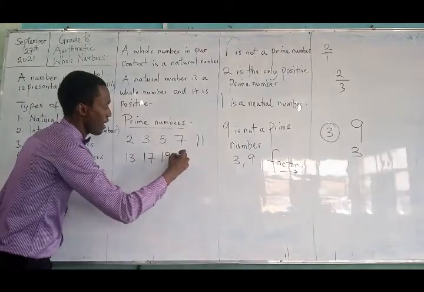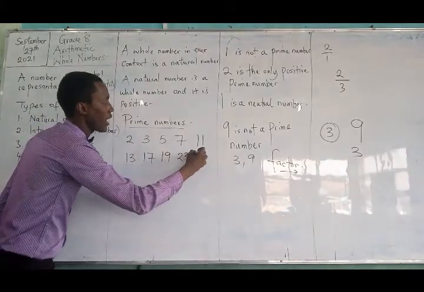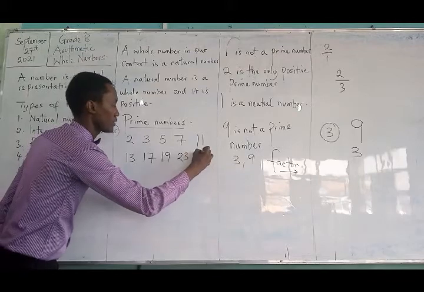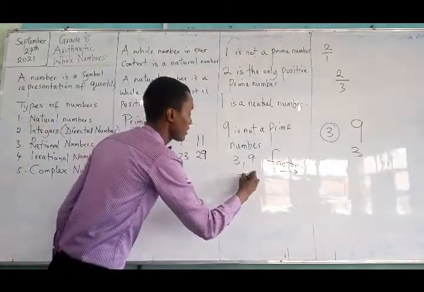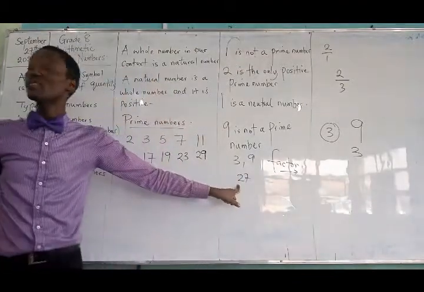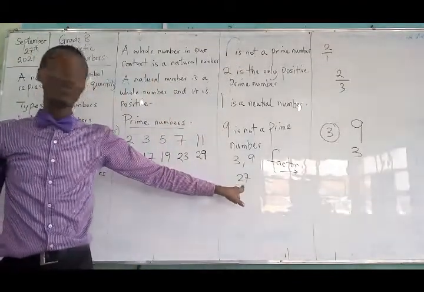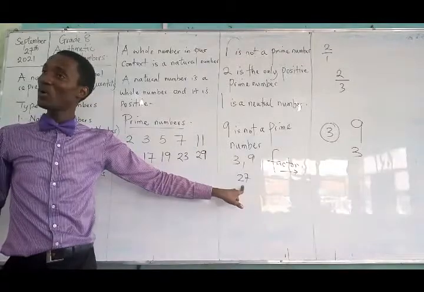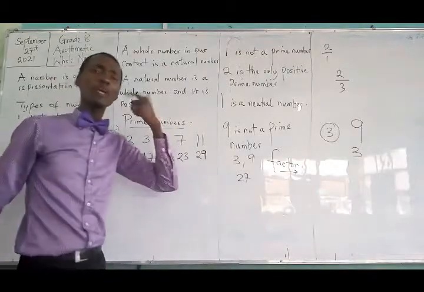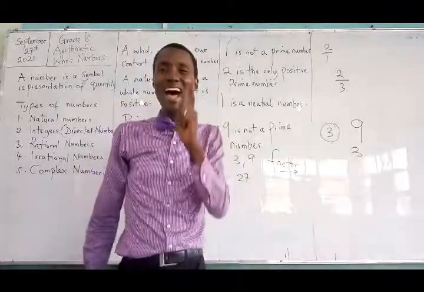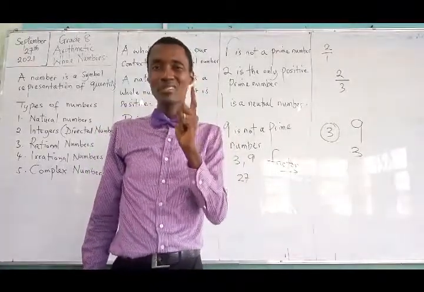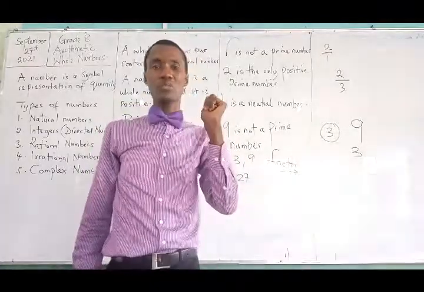Now, look at this. 23, good. What's the next one? 27, 29. 27 is not there. Look at 27. 27 is a number that has factors of 3, 9, and what? 27. When we're talking about primes, we must imagine a number that has just itself as the only factor possible.